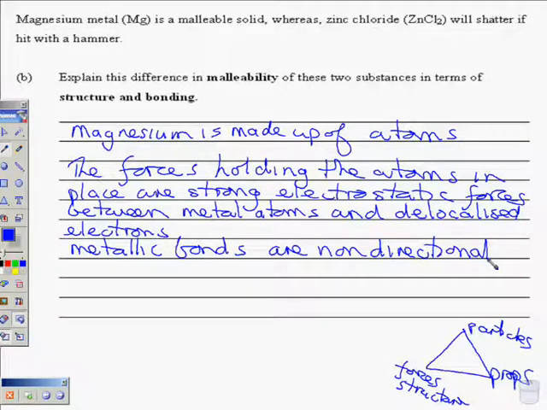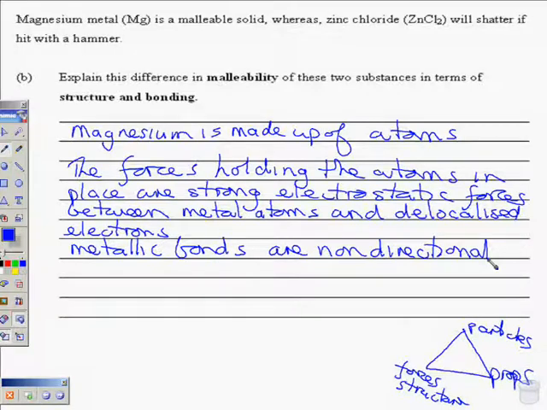Essentially what's happening to the metal atoms in a lump of metal when you beat it into shape or when you draw it out into a wire, when we talk about ductility, it just flows, doesn't it? Yeah. You're right. But we need to just say it a little bit more scientifically. Because they're non-directional, we'll leave it at that.